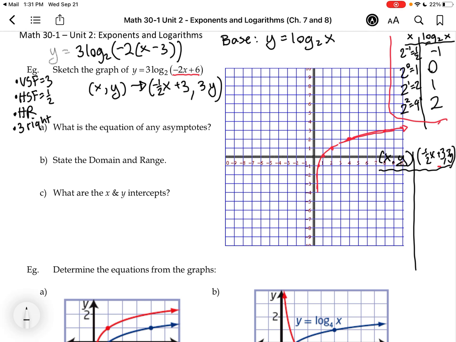Let's see if I can squish it in. So the first point was (1/2, negative 1). And that's going to become negative 1/2 times 1/2 is negative 1/4 plus 3. 3 minus 1/4, that's 2.75. And then 3 times negative 1, that's 3y. Sorry, it's really squishy. That's negative 3.